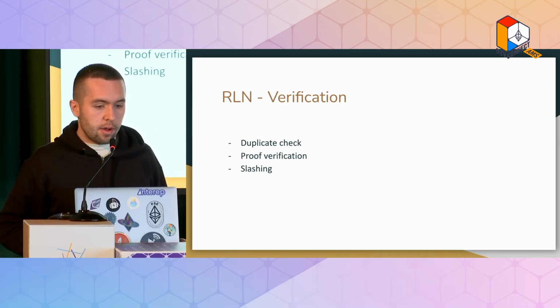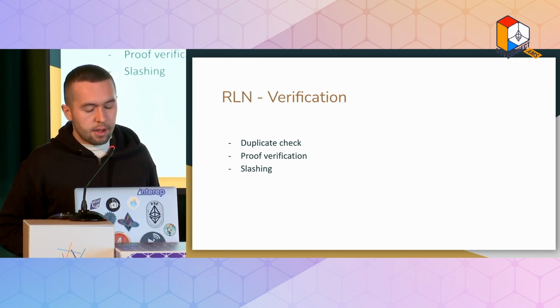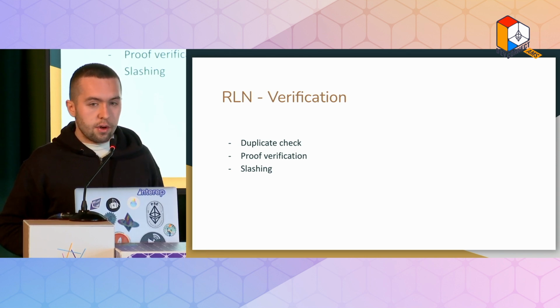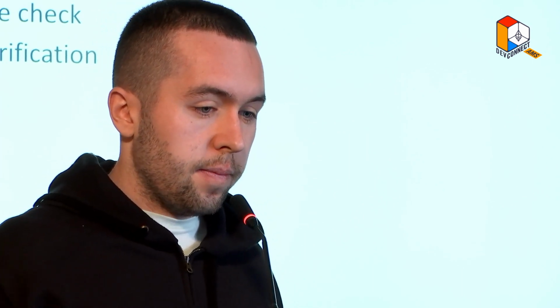And the third part is the verification. This part is what enables the spam protection. First, the common scheme is that the applications check for duplicates. For example, if a message is received with the same external nullifier, the same internal nullifier, and the same X and Y shares seen before, then that message can be safely discarded because it's a duplicate.